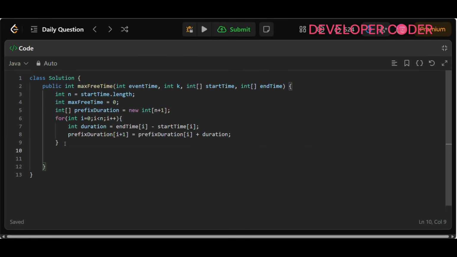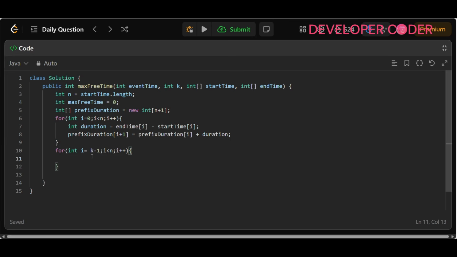Done. After that you have to slide a window of k adjacent meetings. For that you have to simply run one loop, and here int i is equal to k minus 1. I have already explained why we need to do this. And i less than n, and i plus plus. Now we have to calculate the total duration of the k meetings from index i minus k plus 1 to i, right?